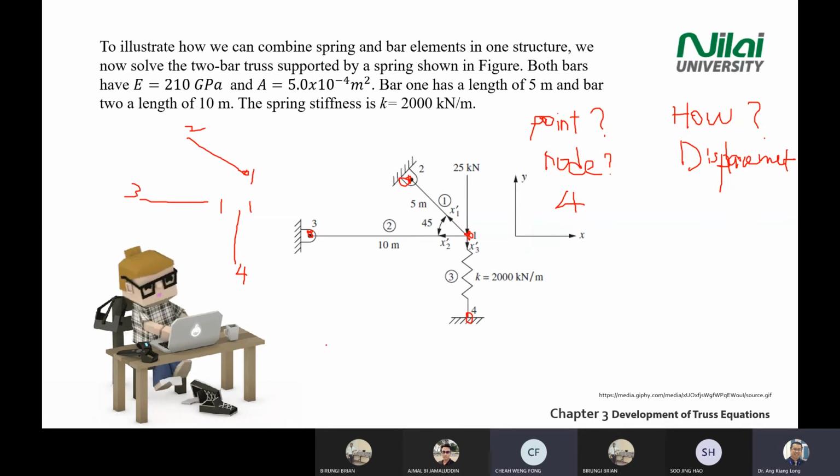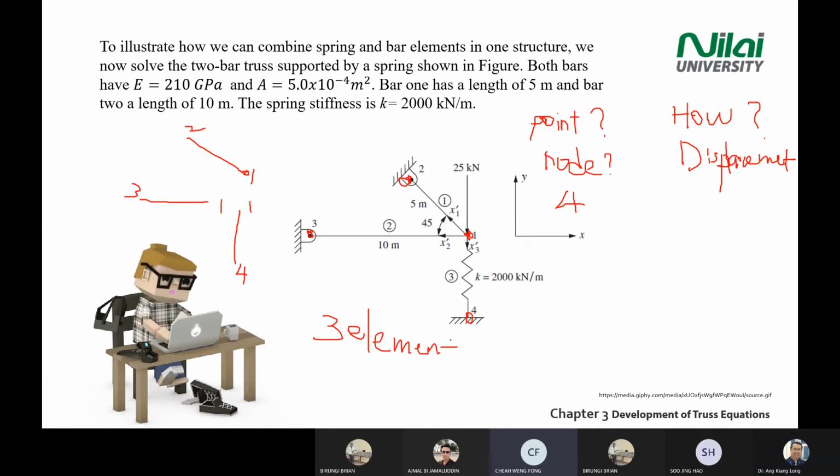Three, you have 3 elements. 3 elements, 4 displacements, that's your answer. Do you understand what displacement is or not? Displacement means movement, the total movement that you have inside this system. And this movement is based on the points that you have in the system.